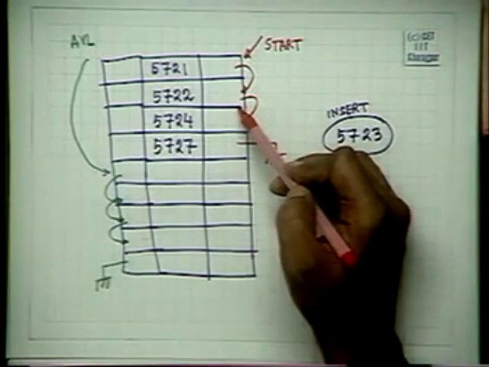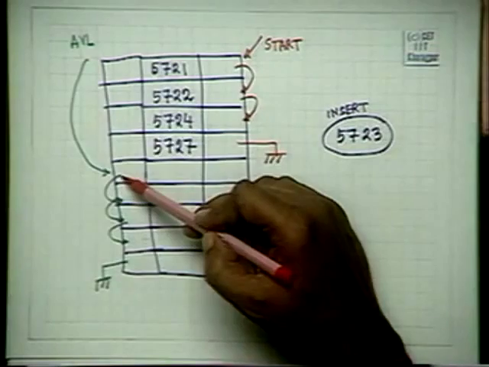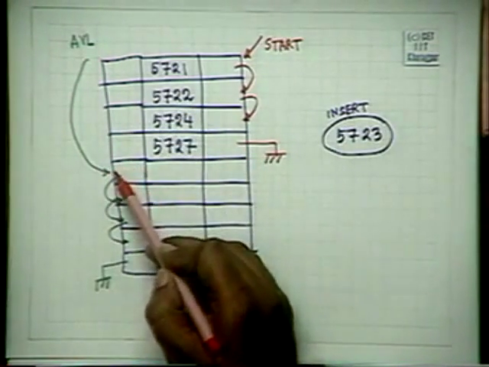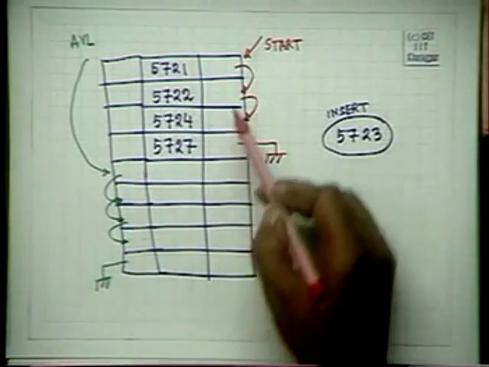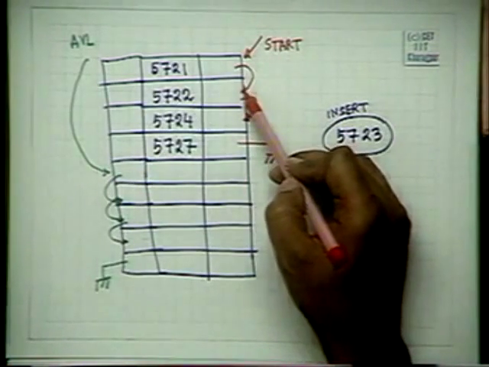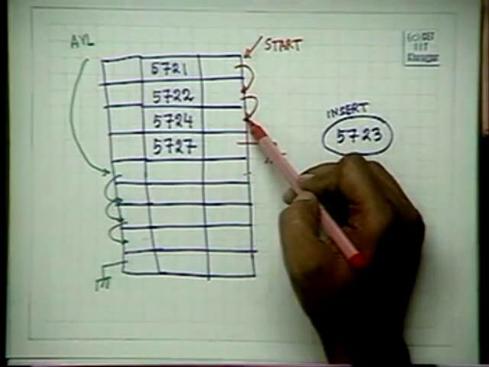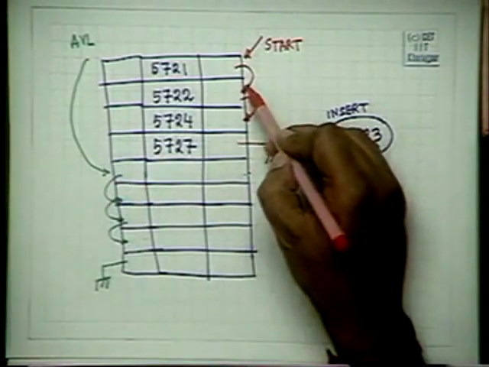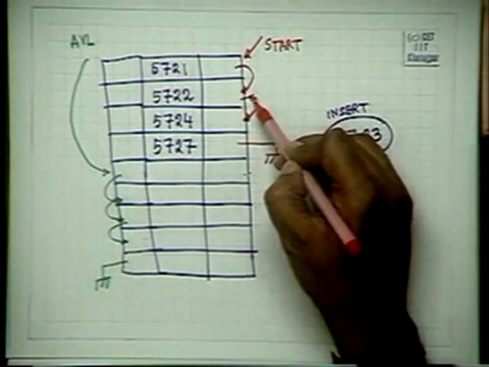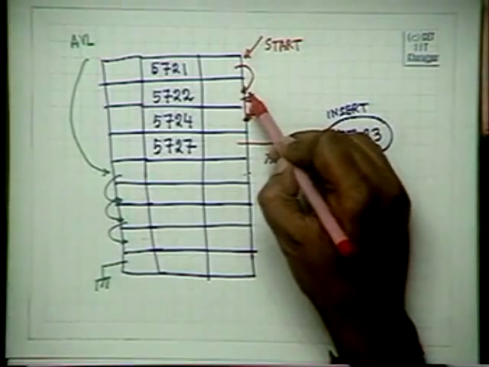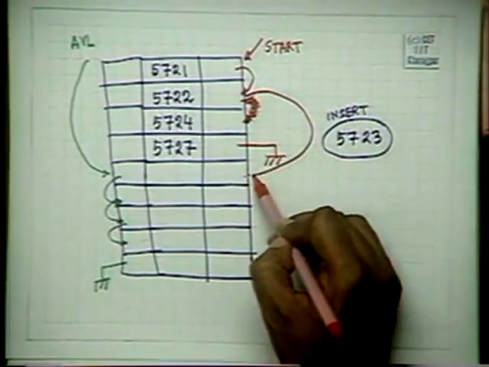I will go to the first available slot using this available pointer. So I know this slot, and I will make this one point to the next one of this one. So I will change this pointer. This is the pointer which I will change. I will remove this, make it point here.